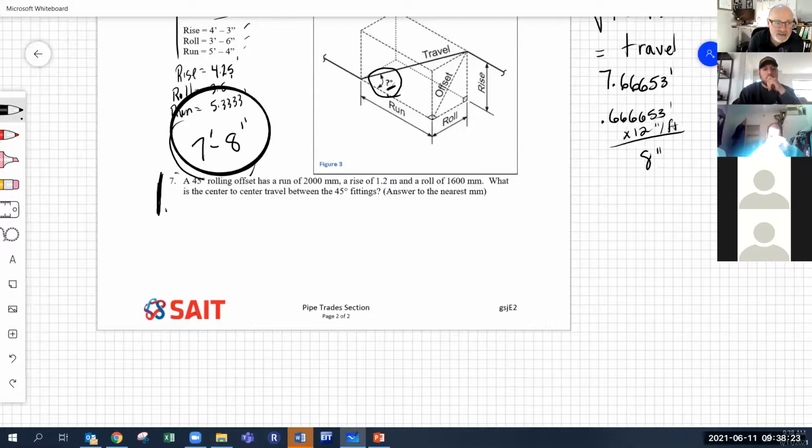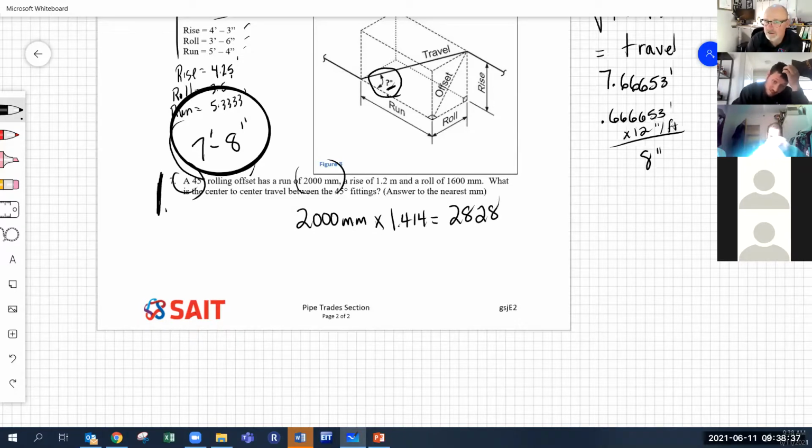Remember when I said if we're using 45s, once you have the offset, you simply multiply by 1.414. That's it. Too much information in this question for a lot of people, yeah?